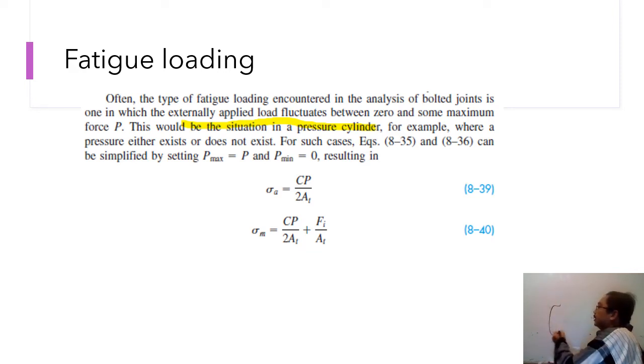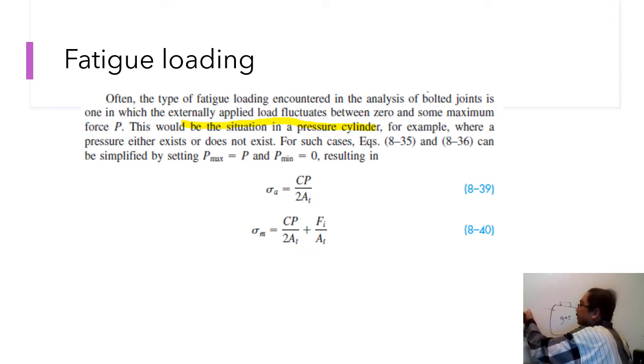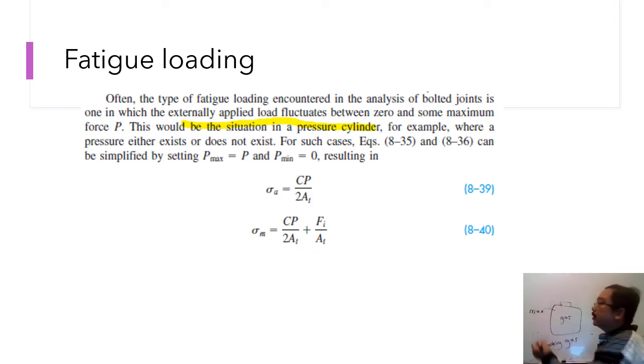So let me draw a gas cylinder. Cooking gas, from any brand. Inside this is gas. When the gas is full, it has the maximum pressure, meaning that when you buy from the shop, the gas is full.